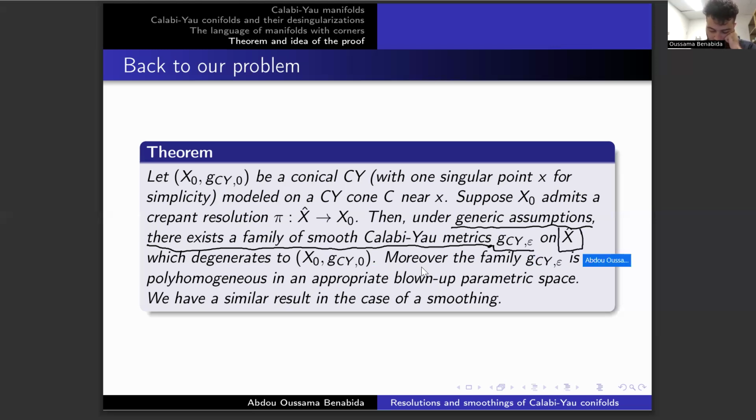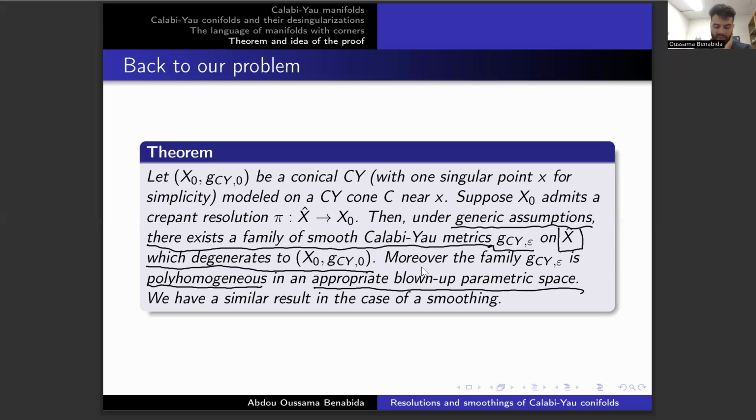such that it degenerates to x0 with its conical metric. And moreover, this family is polyhomogeneous in the sense that we explained before, in an appropriate blown-up parametric space.